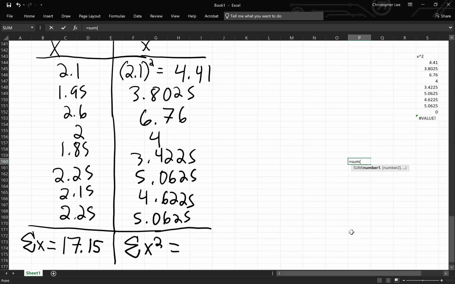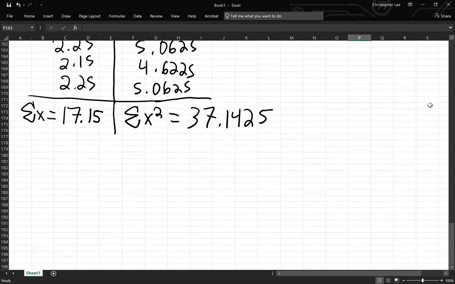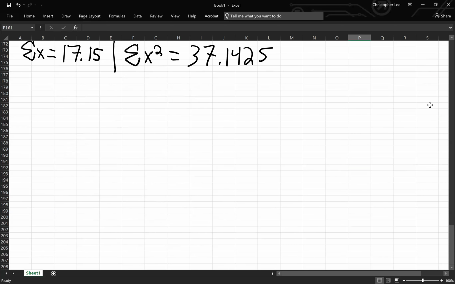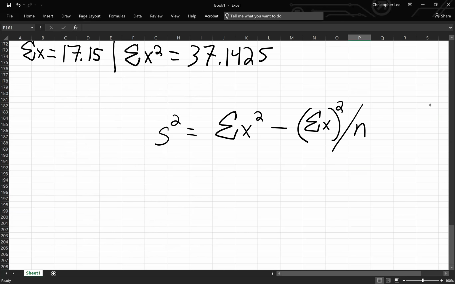You got 37? It probably is. Let me see. 37, right? So I got 37.1425. Now that you got that sum, we're going to plug it into the formula. Our variance formula, s squared, by the way, is going to be the sum of x squared minus, open parentheses, the sum of x squared, divided by n, and then all of that divided by n minus 1.